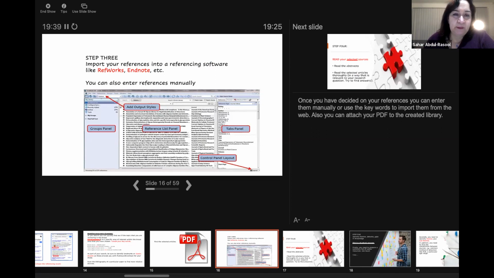Nobody now writes the references by hand. We used to do that when I did my master's in 1995, but that doesn't happen anymore. There are all these electronic reference management systems. There is one called Reference Manager, one called RefWorks, one called EndNote, very famous.